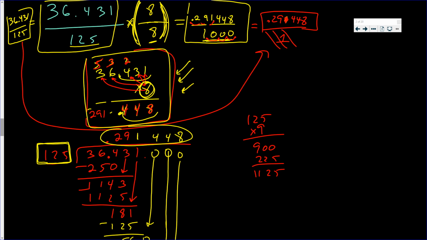This method is quicker. And regardless of what happened here, there's less room for mistakes. Multiplying by a single-digit number is going to be easier than multiplying or dividing by a 3-digit number. This completes the section on shortcuts in long division.